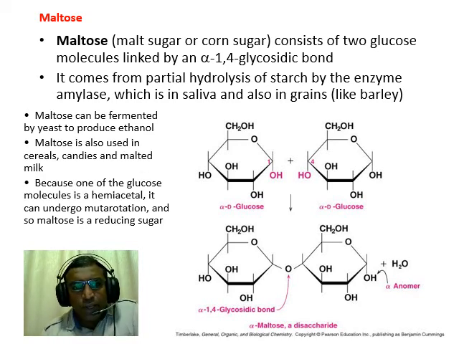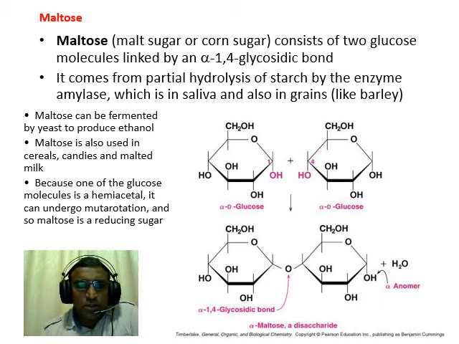So here you have maltose being explained. Maltose is basically made up of two alpha glucoses coming together by an alpha 1,4 glycosidic bond. It is found in starch that has been hydrolyzed by the enzyme amylase found in the mouth cavity, or in grains such as barley.